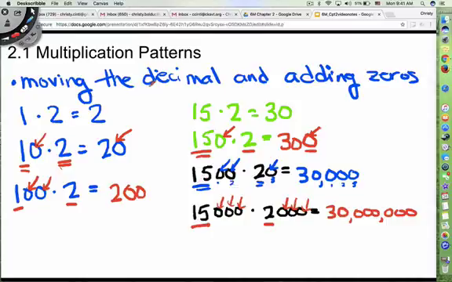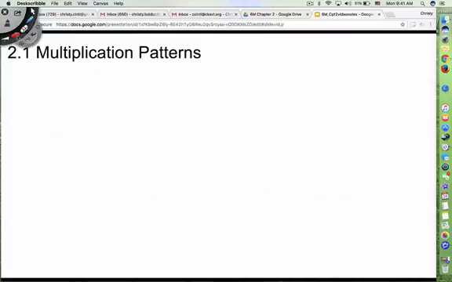Now, what if there already is a decimal in the problem? So let's start with this second scenario that we're looking at today. Let's say that we have, what about decimals? Let's put that in our notes.